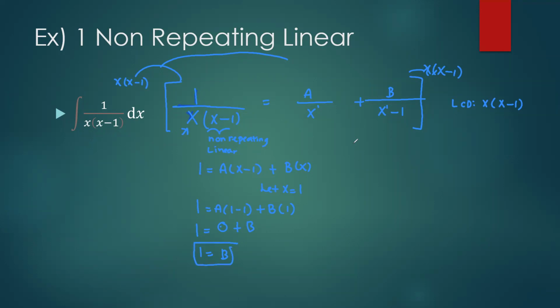And then what I'm going to do is solve for A. So this time I'm going to put it back right here, and I'm going to substitute B with 1. And then I'm going to choose another x value. I'm going to say let x equal 2. So it's 1 equals A, I don't know what A is, and then I'm going to replace my x value with 2.